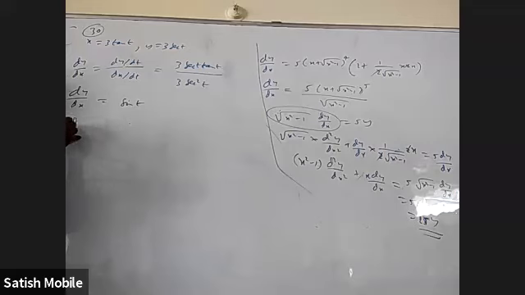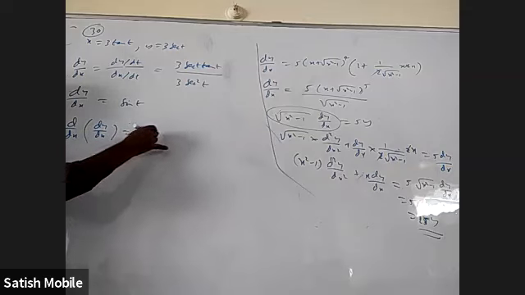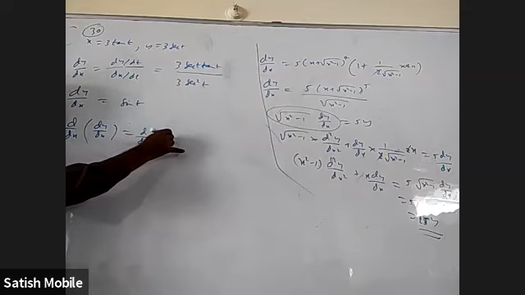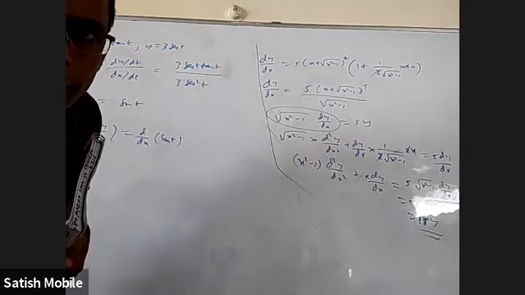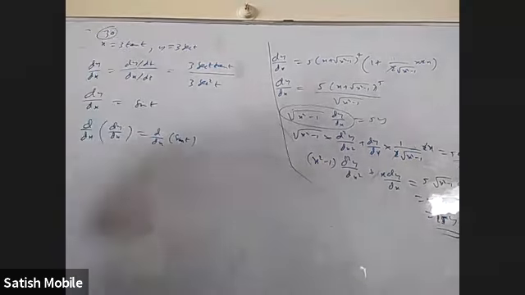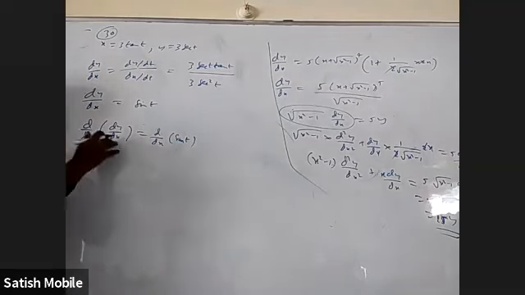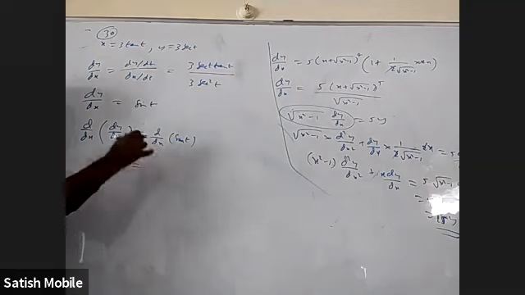Now both sides I want to differentiate with respect to x. d by dx of dy by dx is equal to d by dx of sin t. When I differentiate with respect to x, this is d square y by dx square.